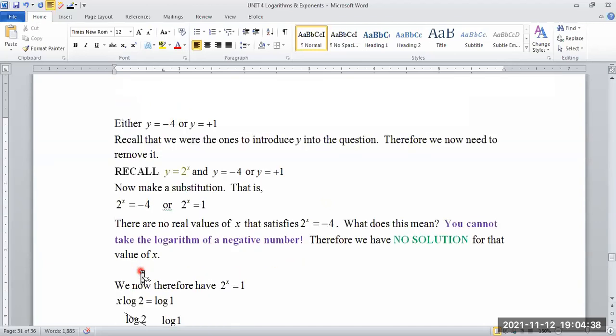And then what we're going to have is to make the substitution. So y is equal to 2 to the x, but y is equal to negative 4 in one instance, and y is equal to positive 1 in another instance.